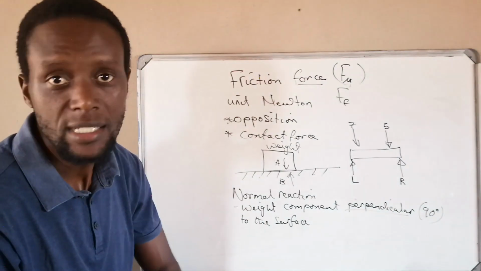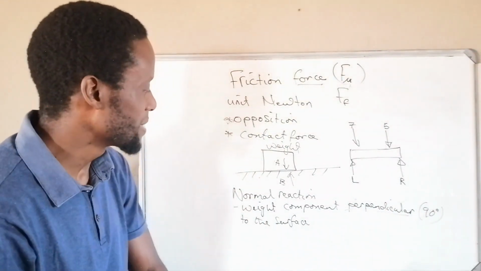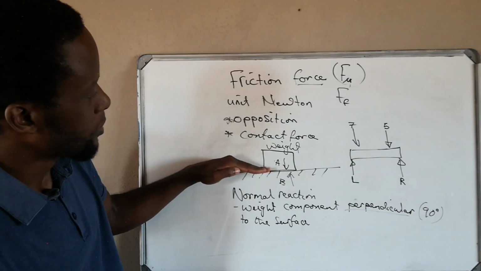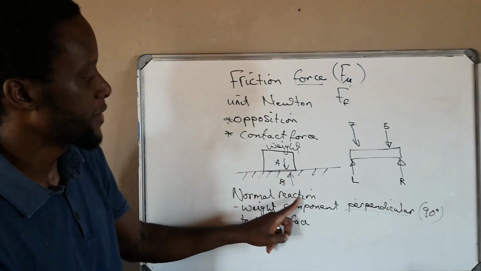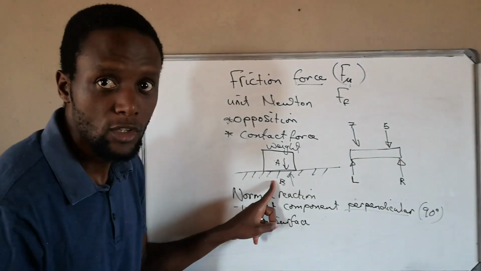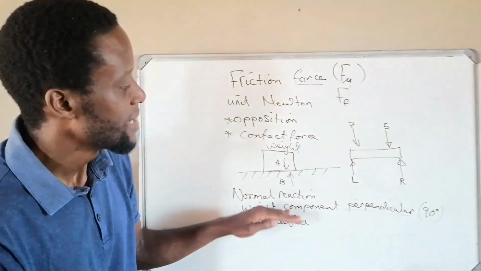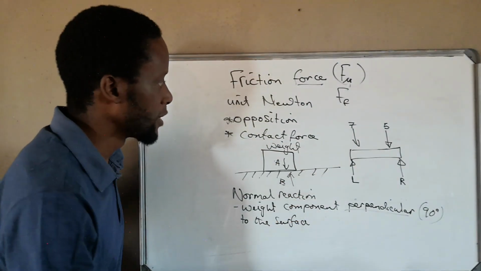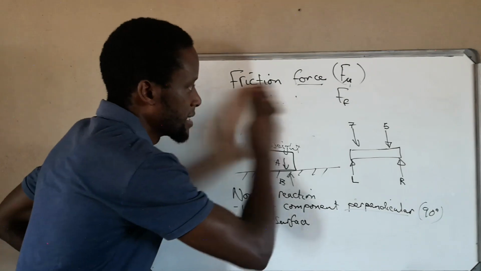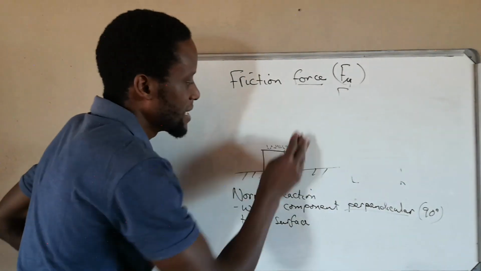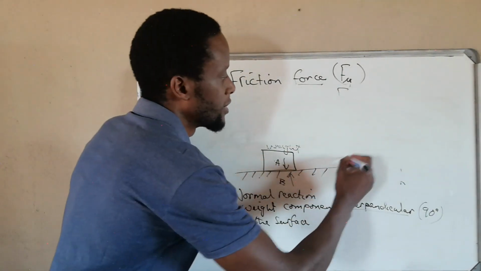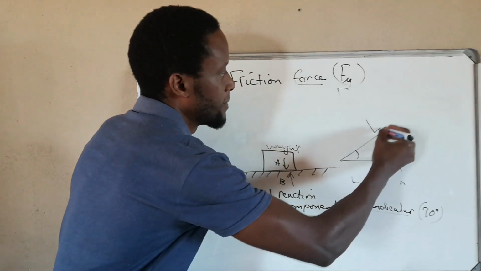So the weight component is always acting at 90 degrees to the surface. If the object is on a horizontal surface, the normal reaction of the surface is going to be the weight itself. But if the object is on an incline, we have an object on an incline.